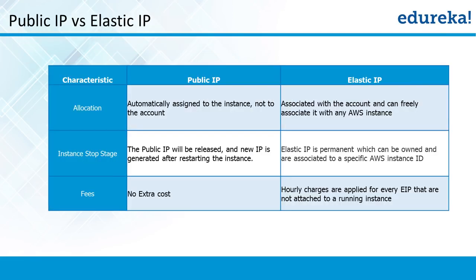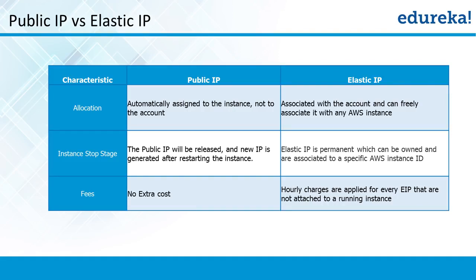Now, a public IP address is automatically assigned to the instance. When you launch an EC2 instance, a public IP address will be automatically assigned. You can't choose it. You can't say this is the IP address I want. Whatever is available from the pool of public IP addresses that AWS has, they will issue one public IP address to your instance.